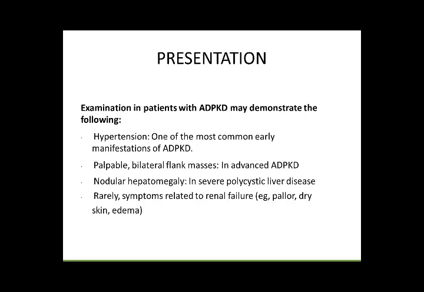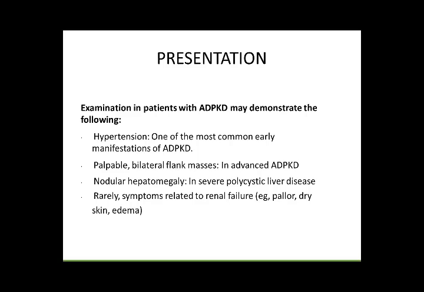In severe polycystic kidney disease, rarely, symptoms are related to renal failure. The patient has pale, dry skin and edema as symptoms of chronic kidney disease. The patient can present with these symptoms if they have a long-standing history of hypertension.